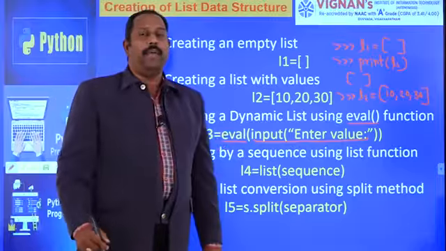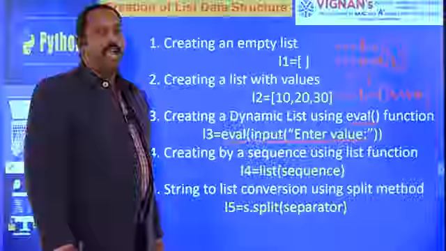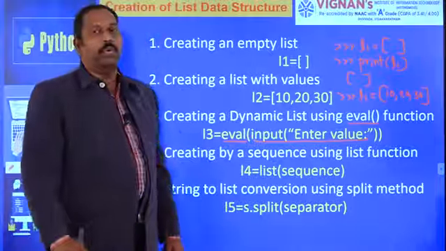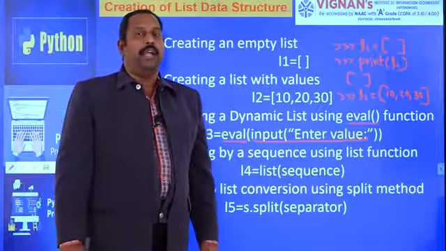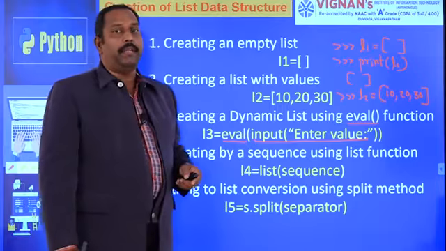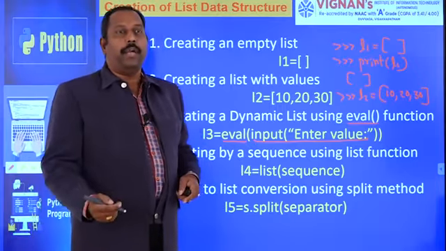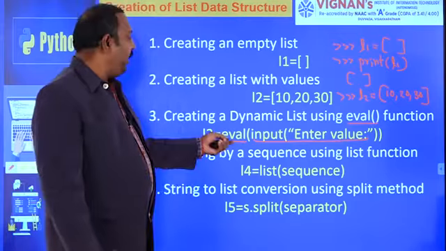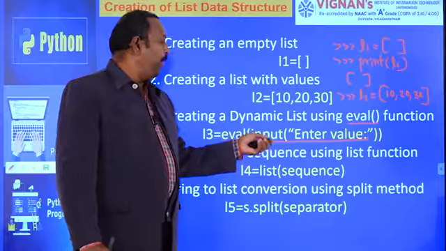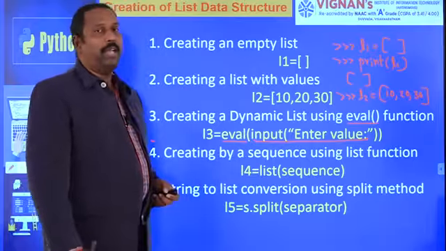If you want to evaluate an expression in string form, then we have to use the eval function. What are the steps of the eval function? The first step is it will parse the string. Parsing is nothing but converting into tokens. Whatever input you have entered will be divided into tokens.